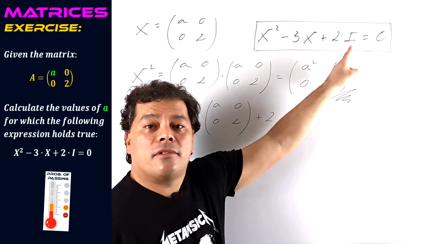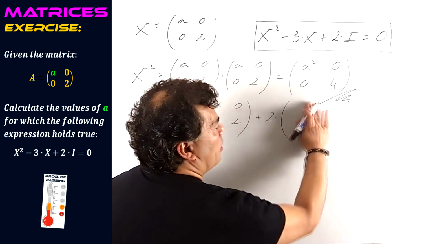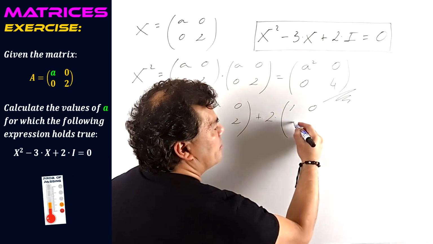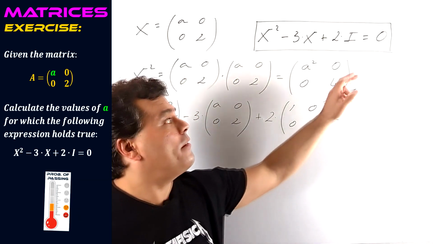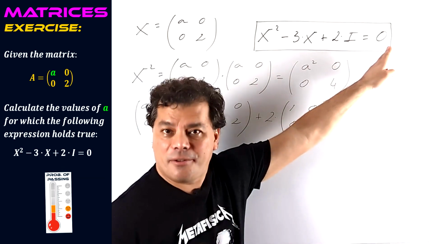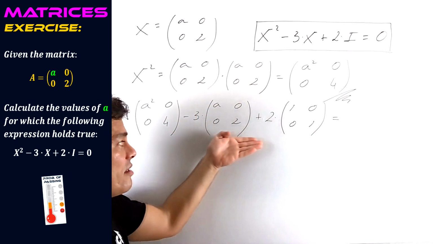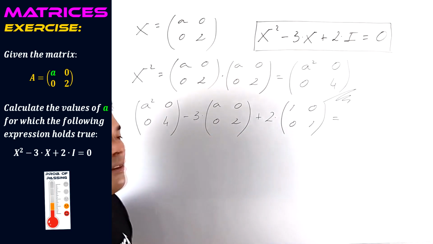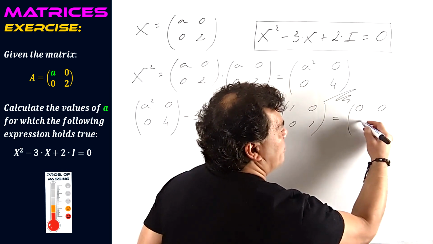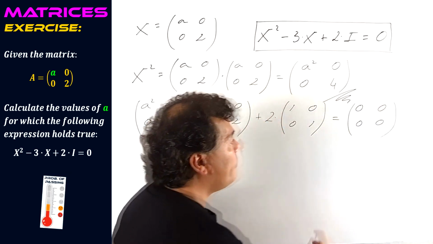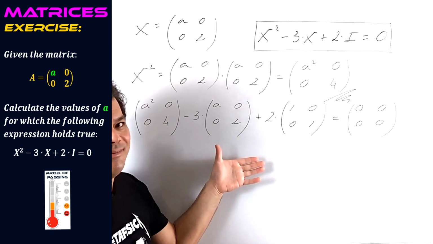Naturally, we will use the identity matrix of order 2. 1, 0, 0, 1. And as I told you previously, this is not the usual 0, but this is the null matrix of order 2, because you can see that all the problem is in order 2. We have 0, 0, 0, 0. Now we are going to operate and we will see the solution.